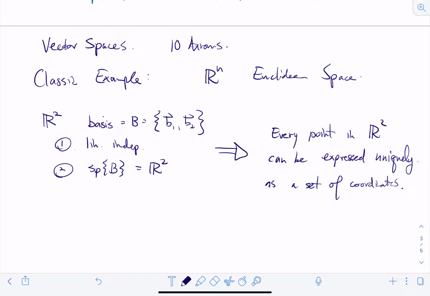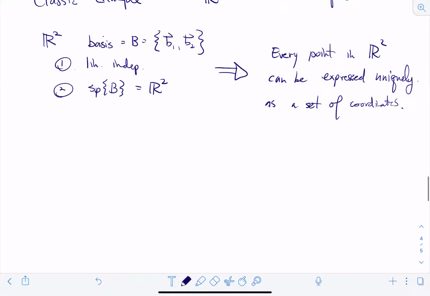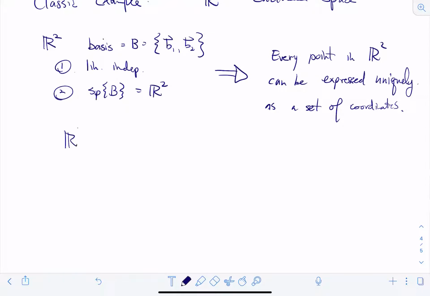Okay. What do I mean by that? I mean, you have R2 over here, right? And you should think of this as two-dimensional space. So, in two-dimensional space, you have some point over here, x, y, right? But we can also think of the coordinate point of view, the coordinate world. And in the coordinate world, this is just a space of ordered tuples.